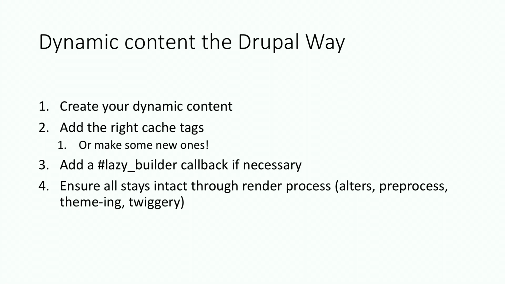In theory, the right way to create your dynamic content is, well, create your dynamic content. Make sure it has the right cache tags or make some new ones. Adding number 3, because of an issue that I'll talk about in a second that we ran into that I still don't understand, is add a lazy builder callback.